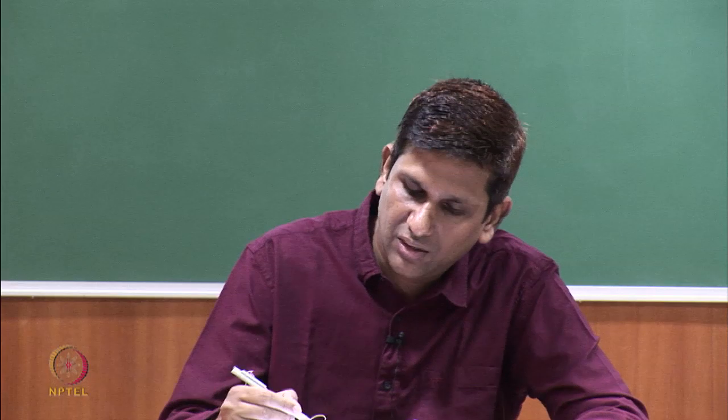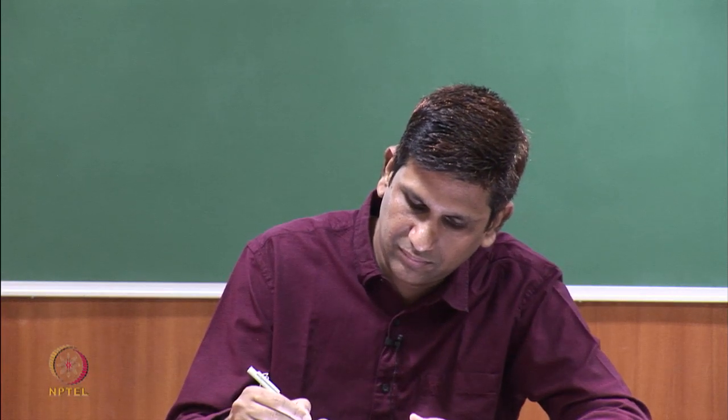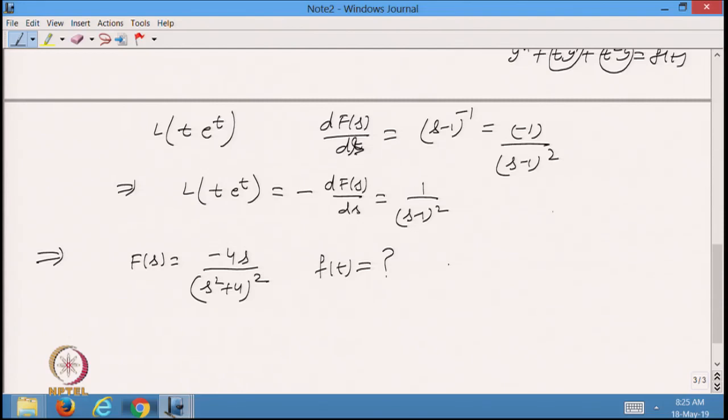So, from here I can see that minus 4 s by (s square plus 4) square.